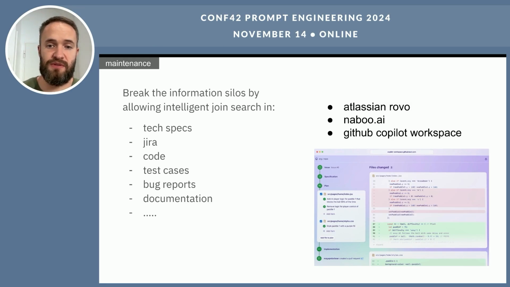I actually work with GitHub Copilot Workspace, but there is Atlassian Rovo, which I have not used but is interesting to see, Nabu AI, and GitHub Copilot. In some way, it's interesting. Right now, it's mostly good for finding.